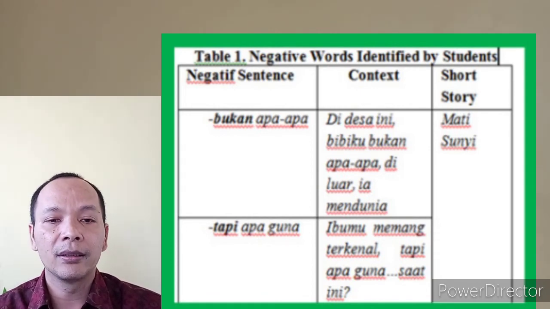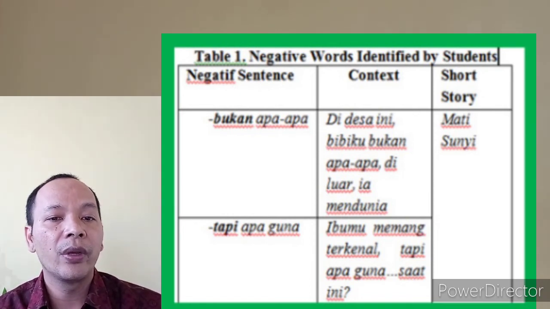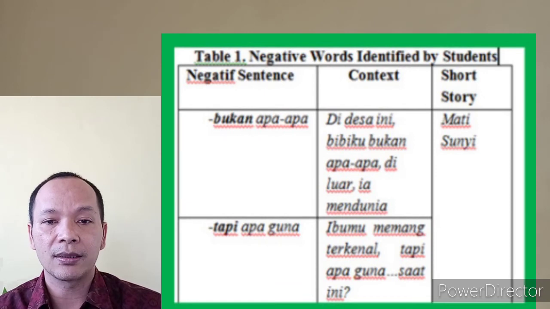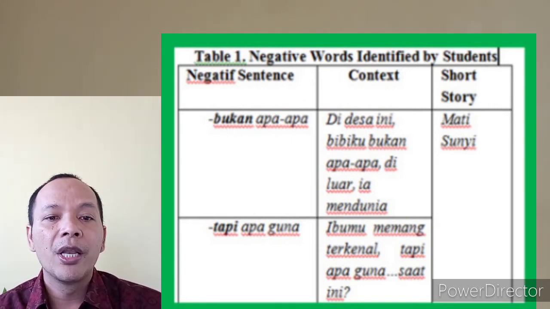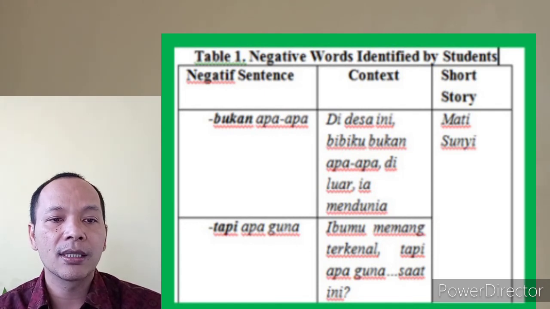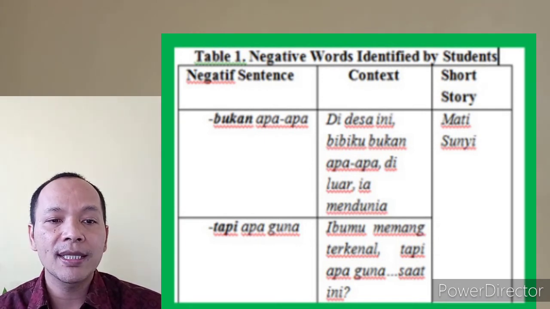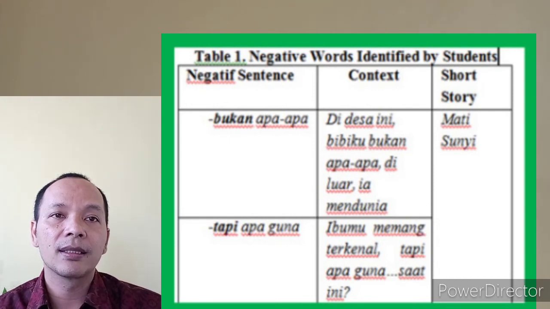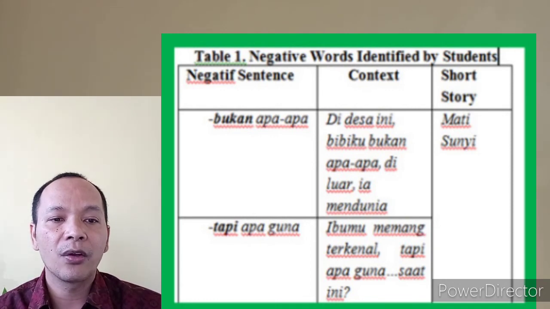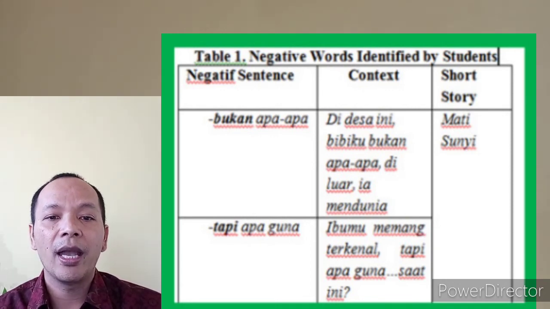Through this form of denial, Mati Sunyi has produced and consumed traditional regulation in the village, or awig-awig, so that the Balinese people remain in Bali, carry out customary rules, and serve the custom. The traditional rules are perpetuated by the participants or readers, whether consciously or not. The process of perpetuating this rule is inseparable from the discursive concept that is always influenced by and influences other discourses, said Fairclough. The word of negation in the short story as a linguistic form is used in various expressions and manipulation of power.